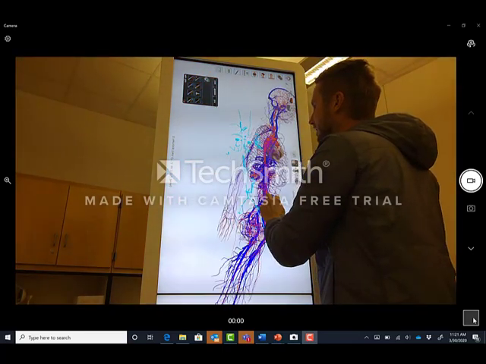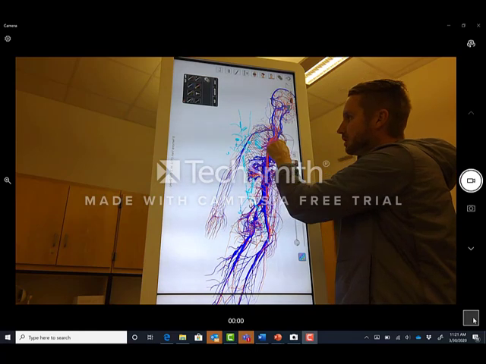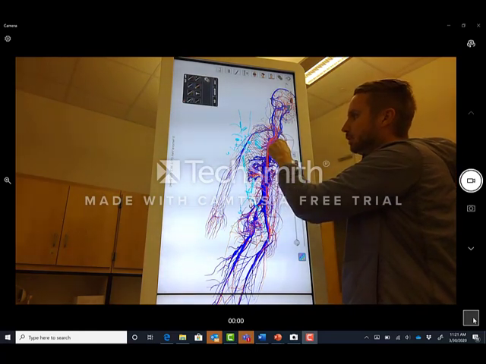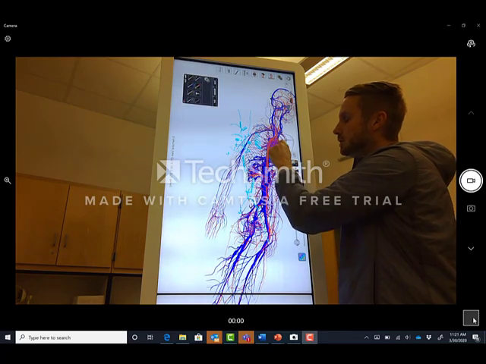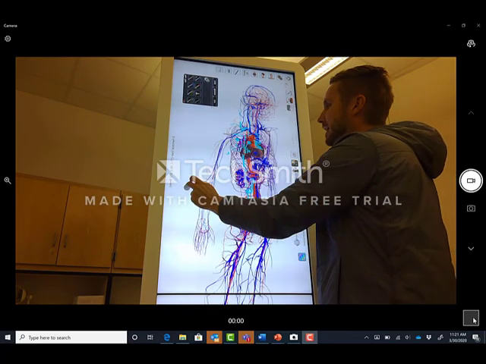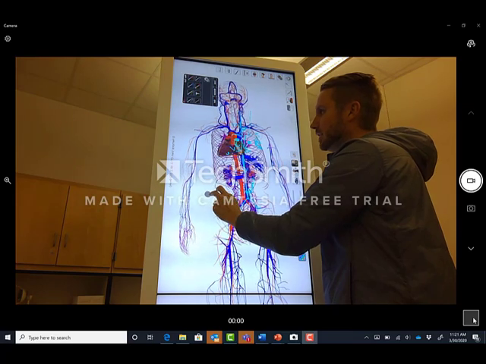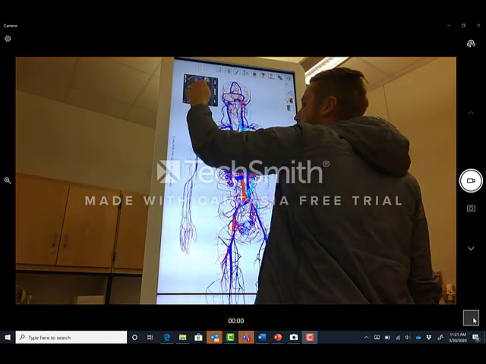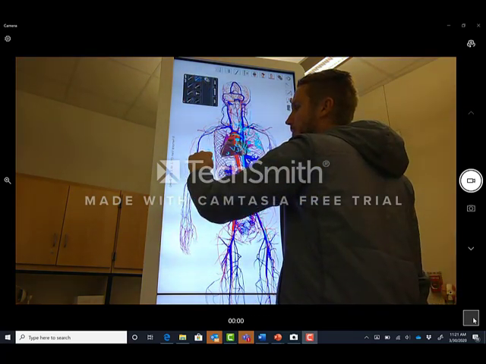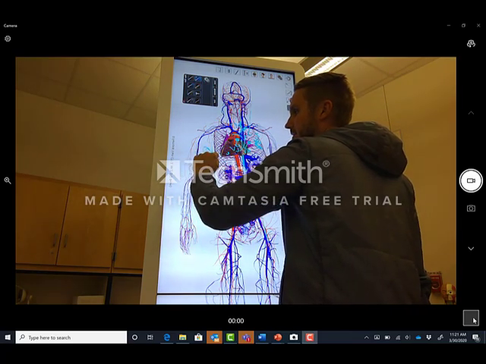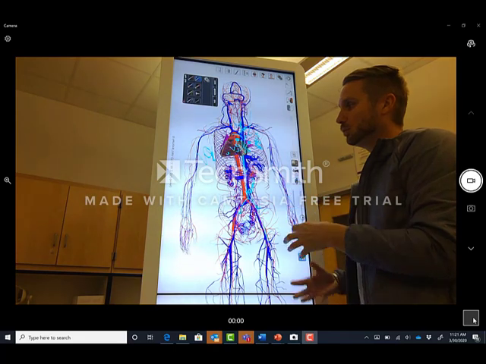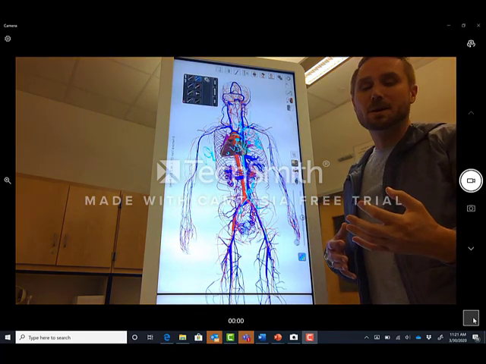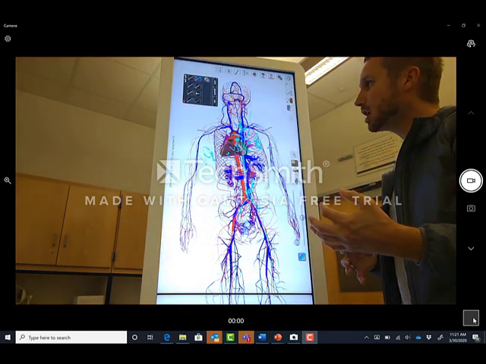You can see on the posterior side right here that blood is going to return to the heart in the form of oxygenated blood, through the pulmonary veins. And pulmonary veins are going to bring reoxygenated blood from the lungs back to the left atrium.